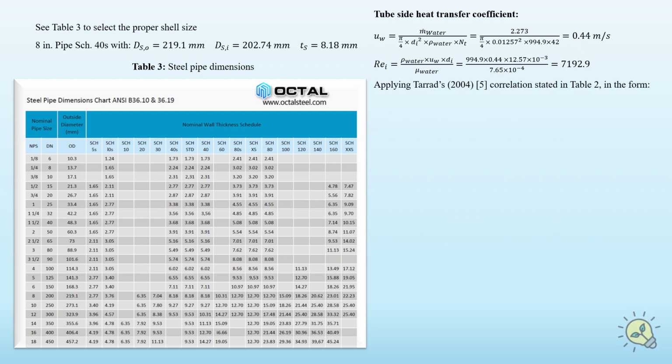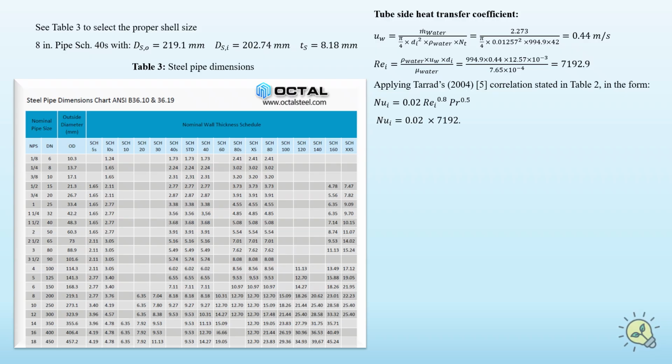If we apply the equation presented by Taral, reference 5, in table 2, which will be presented on the next slide, we may get the general form: Nusselt number equal to 0.02 Reynolds to the power 0.8 and Prandtl to the power 0.5.